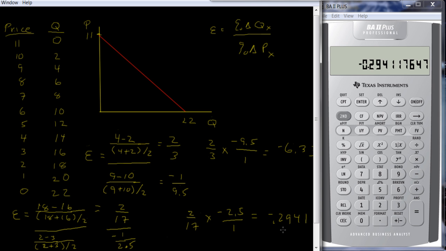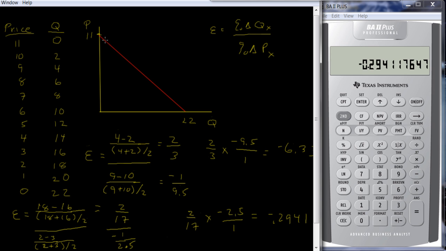So here the elasticity in absolute value terms is less than 1, so it's inelastic in this part of the demand curve. Again, you can see going from 3 to 2 is a pretty big change in price, but going from 16 to 18 is a small percentage increase.